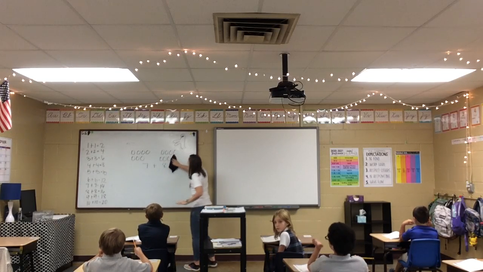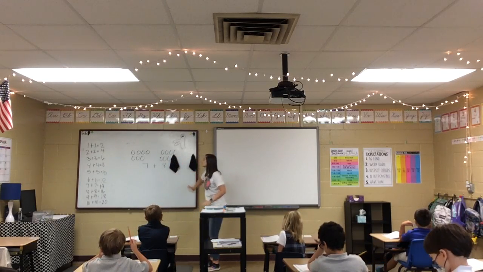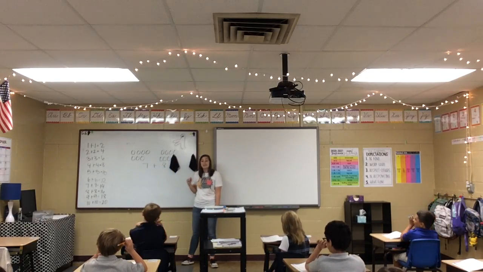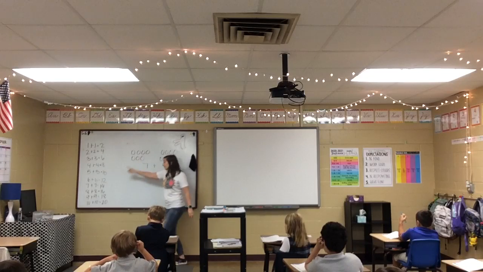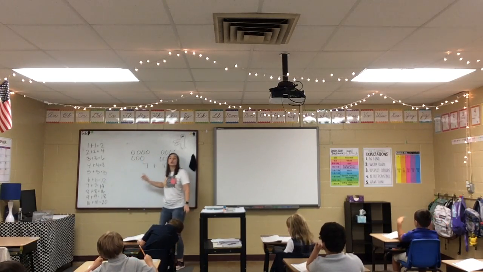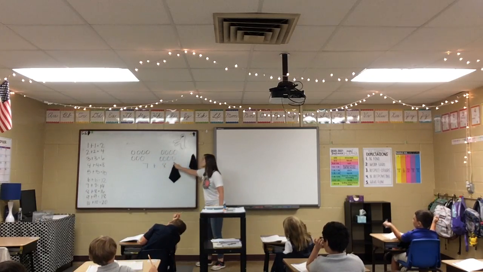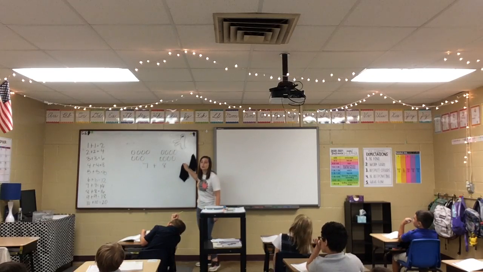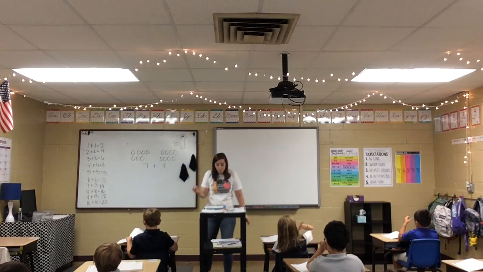If we cover up this tennis ball, how many do we have in each side? 7. So 7 plus 7 we know is 14. And then plus 1 gives you 15. So that's a doubles plus 1.